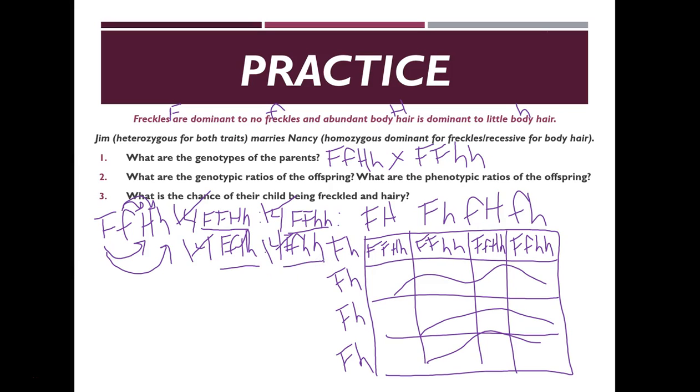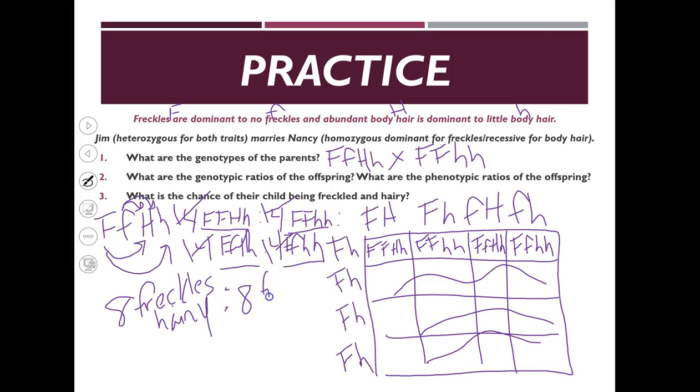So technically, if you were to count up all these squares, you would have 8 freckles, hairy, to 8 freckles, no hair. Sorry for the writing once again. And we can reduce that to be 1 to 1.